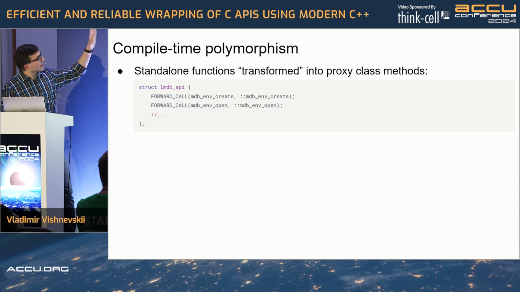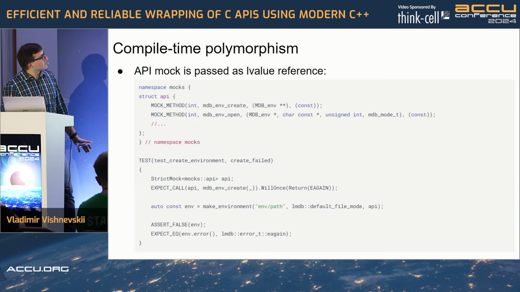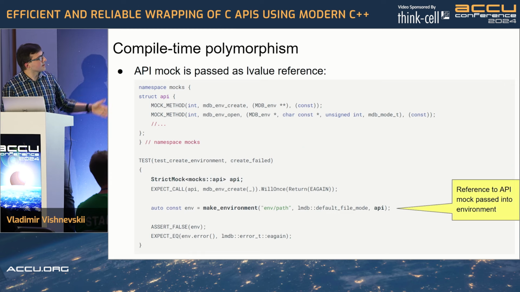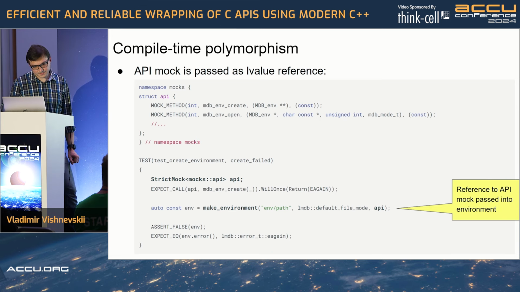And then we can attach some standalone functions to the methods. So we can specify the forwarding like this here. That would then enable testability in the way that we can have our production API, or we can have our mocks. And in a similar way as before, we pass the mock instead of the production API in the test environment and can verify the same logic as we verified before.